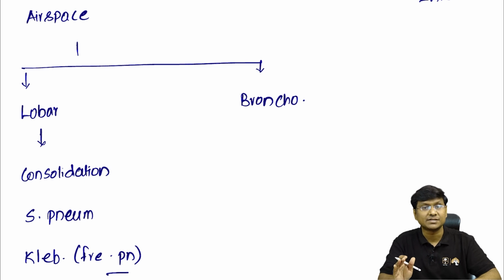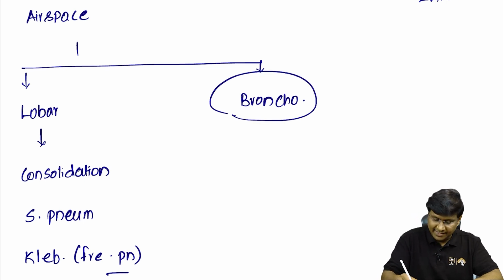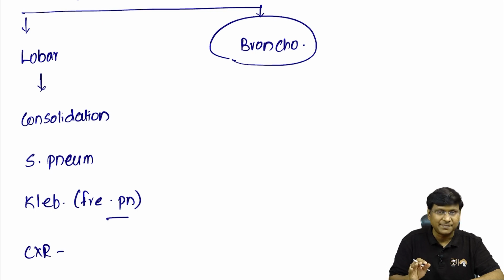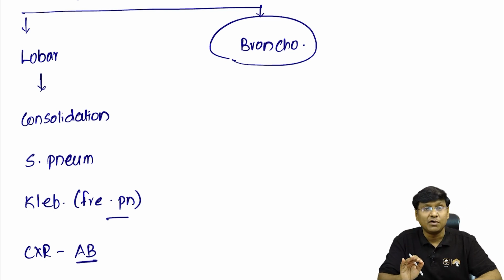In lobar pneumonia, the chest x-ray will show lobar consolidation, and there will be air bronchograms, right?